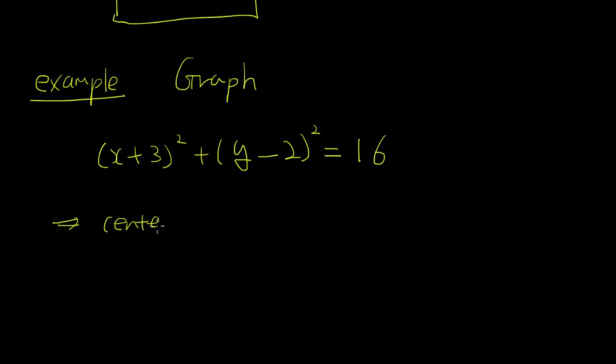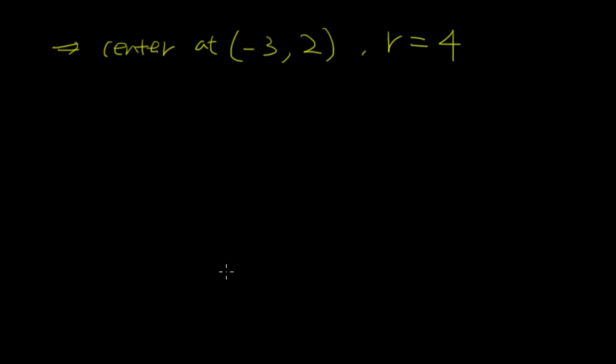Center at what? Remember that the actual center in the equation is the opposite sign. So if this is a plus 3, it's going to be negative 3. This is negative 2 for y, so it's going to be positive 2. And radius should be, what squared is 16? 4. Remember, this was r squared, so it should be 4. So center is negative 3 and 2, and radius is 4.